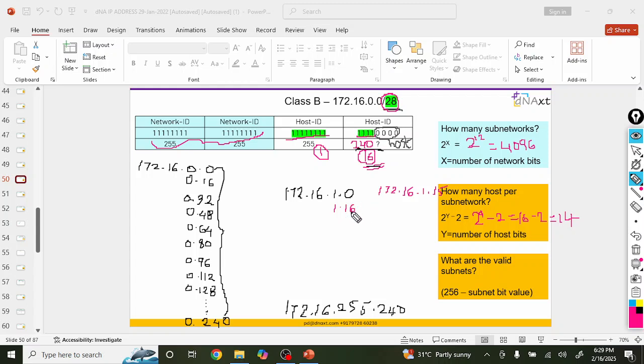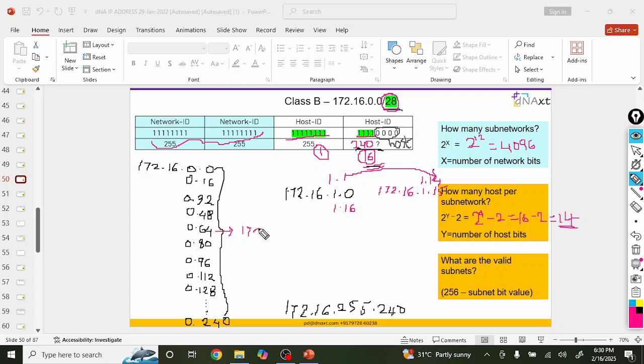So in the fourth octet the previous number is 15. So 1.15. So 1.1 will be the first valid host and 1.14 will be the last valid host. So from 1 to 14 you got 14 valid host IP addresses. Simple.